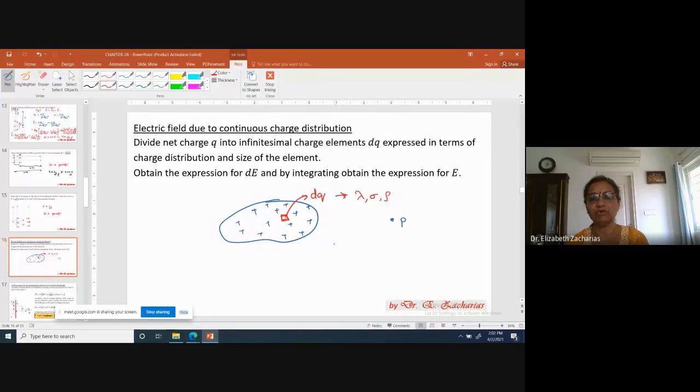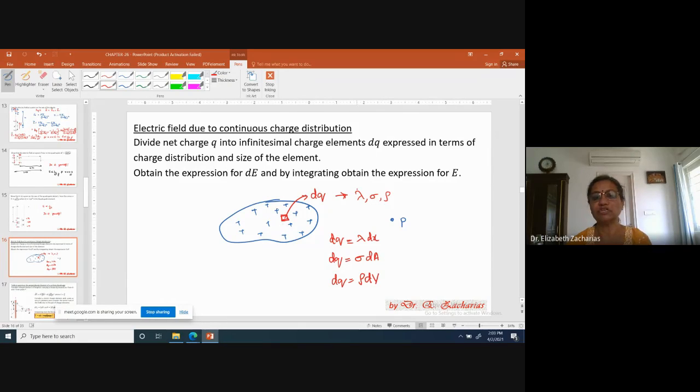So you should be able to write dq equal to lambda into dl if it is a line charge, dq equal to sigma into dA if it is a surface charge, and dq equal to rho into dV if it is a volume charge. You have to just do that.